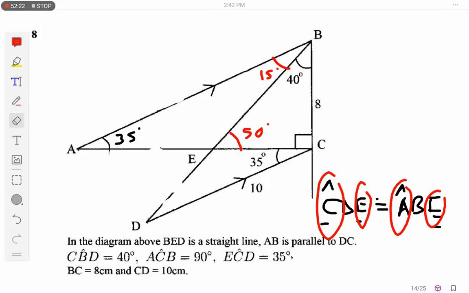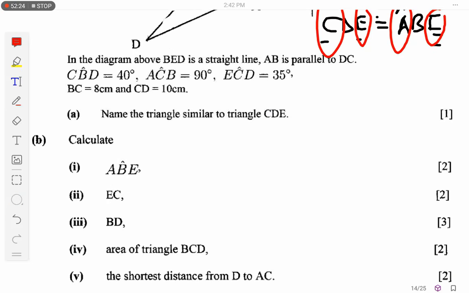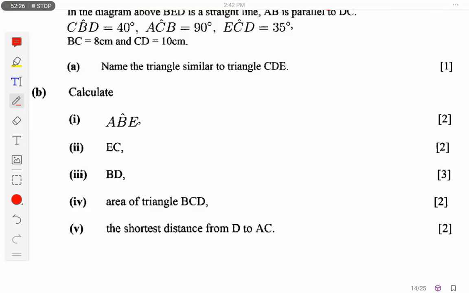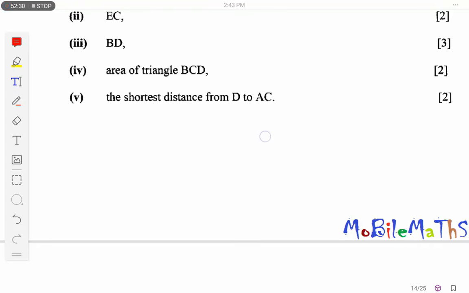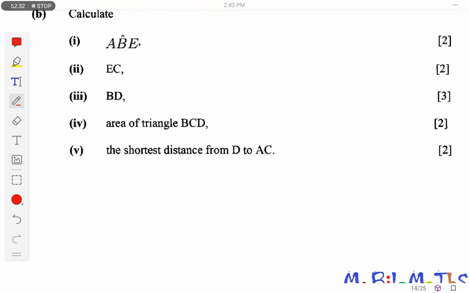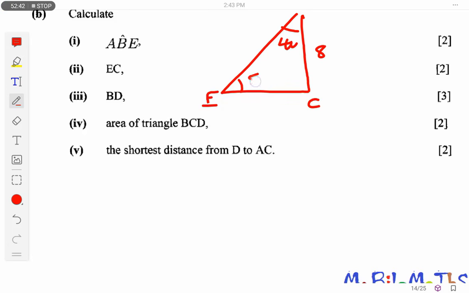Now with this triangle, let me redraw it on the question. We want EC. So EC is going to be like this. This is our E, this is our C. And here I've got 8, I've got 40 here, I've got 50 here, I've got 90 degrees there.